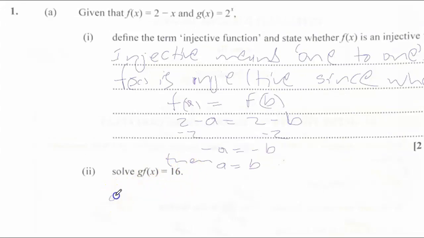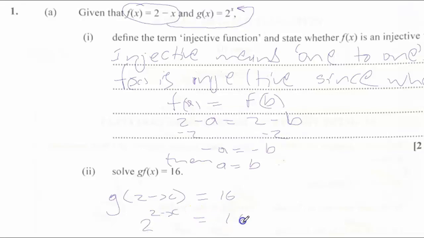So g f of x is g of 2 minus x. We're told it's equal to 16. So we substitute 2 minus x into g, meaning replace the x with the terms in the bracket 2 minus x. So 2 to the power of x becomes 2 to the power of 2 minus x.